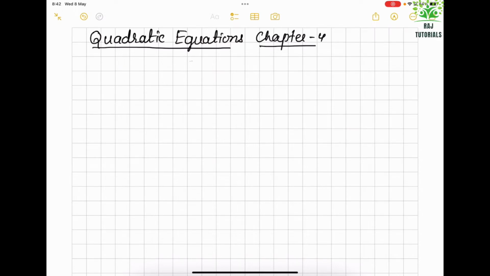That is quadratic equations. As the name suggests, and as we already studied in lesson 2 on polynomials, quadratic means the highest degree of the variable should be 2.